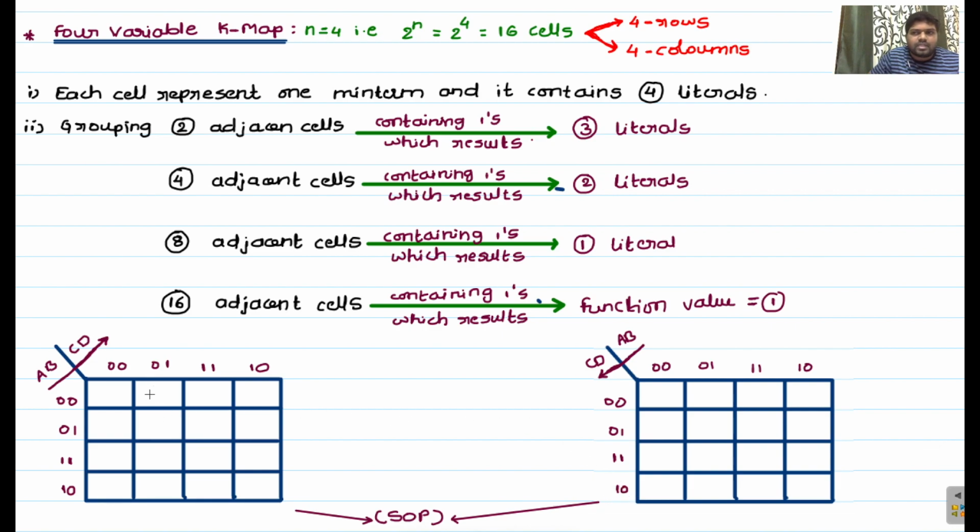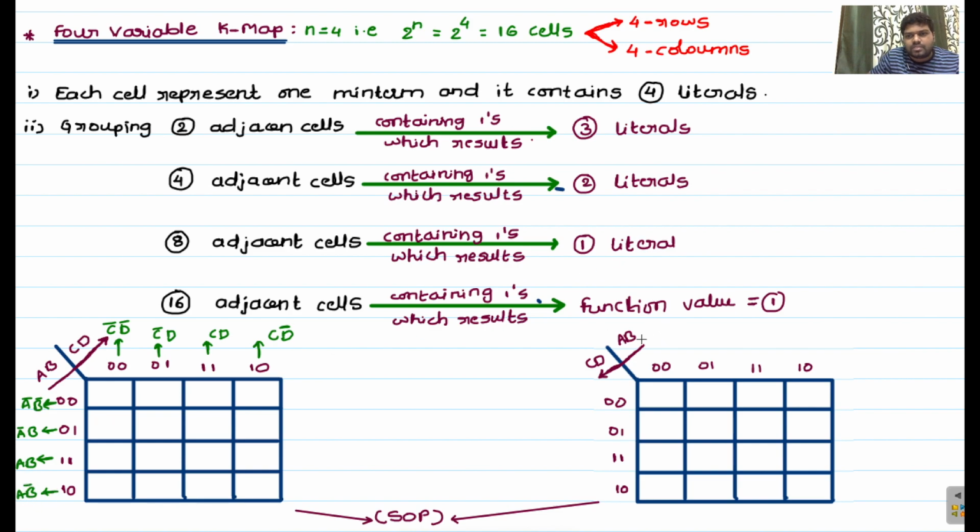Now you can assign complemented and uncomplemented variables for these binary sequences. Now what you will get: here C bar D bar, because of sum of product, right? Then C bar D, C D, and C D bar. And in this direction we have A bar B bar, A bar B, A B, and the fourth one is A B bar.